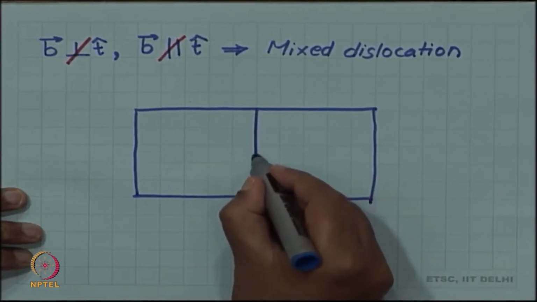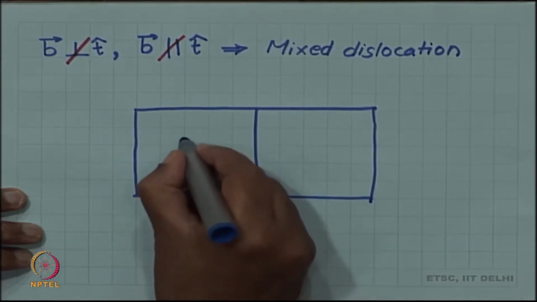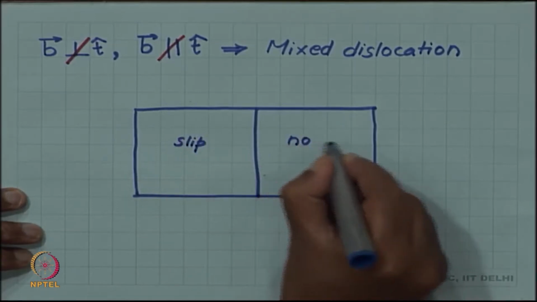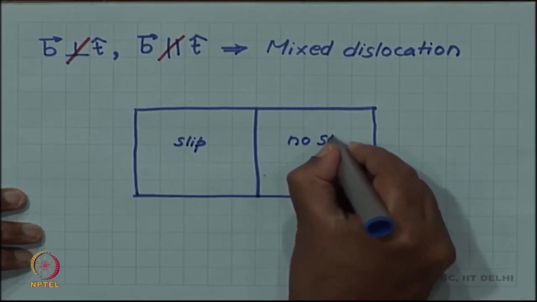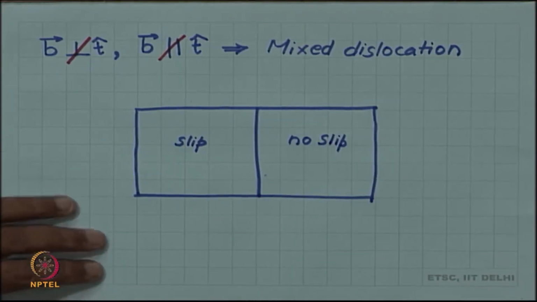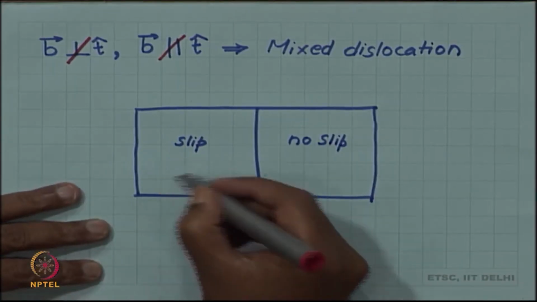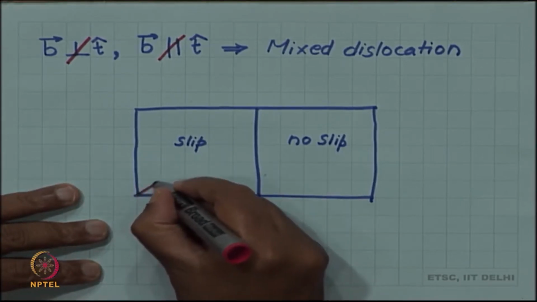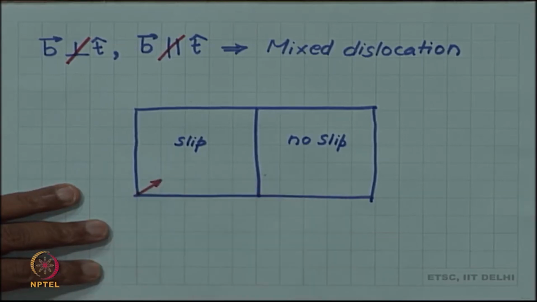So, again if I try to create the slip plane view, here is the dislocation line. So, this is the boundary between slip and no slip. But now I create my slip in this direction, let us say.